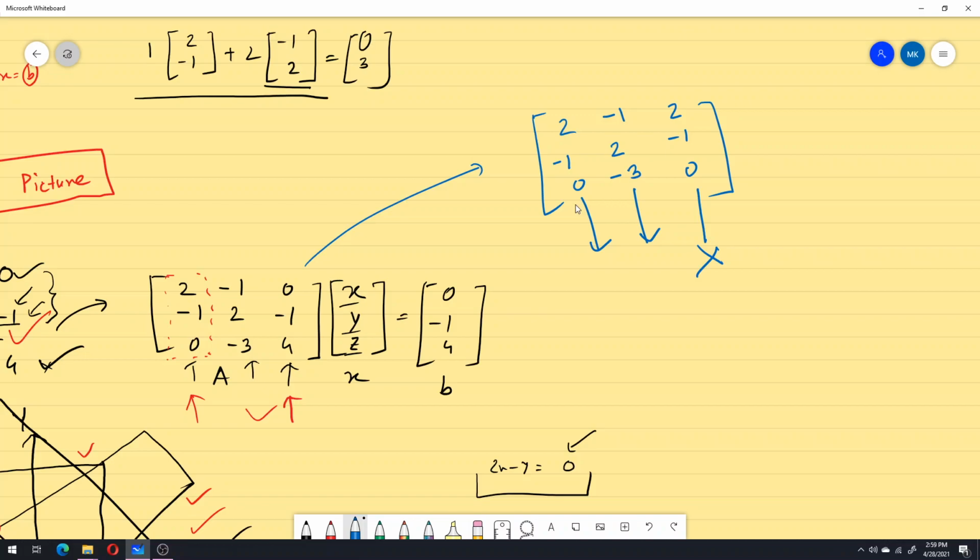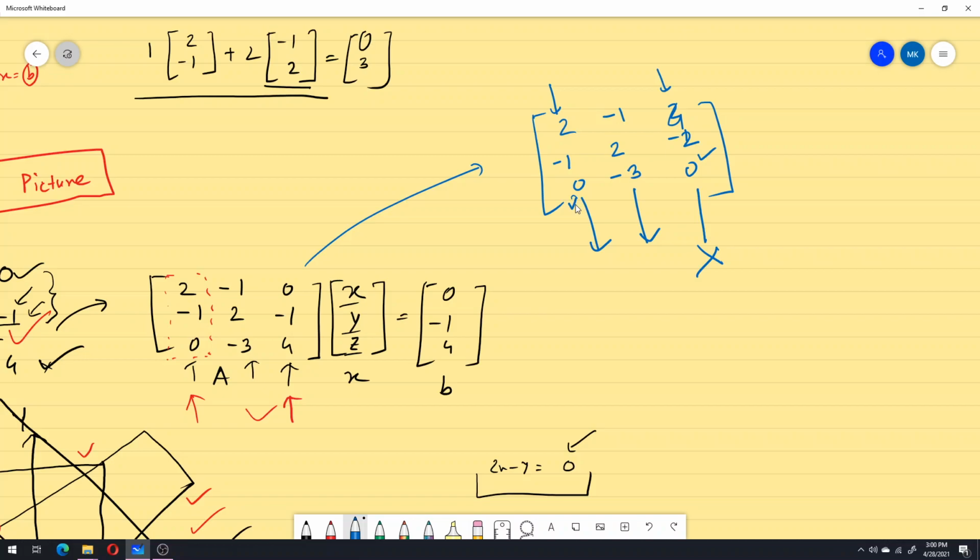Similarly, if the third column was a scalar multiple of the first column, let's say this is 4, -2 and 0, so this is just a scalar multiplication of the first column, then you do not get anything new from their combination. That means you cannot generate any random vector B.